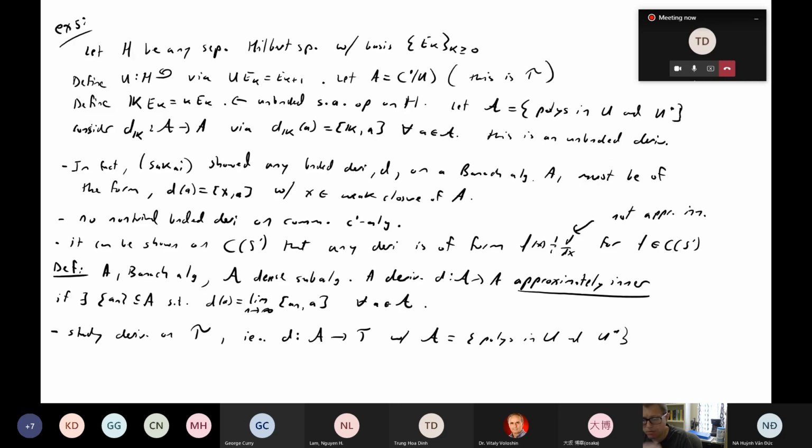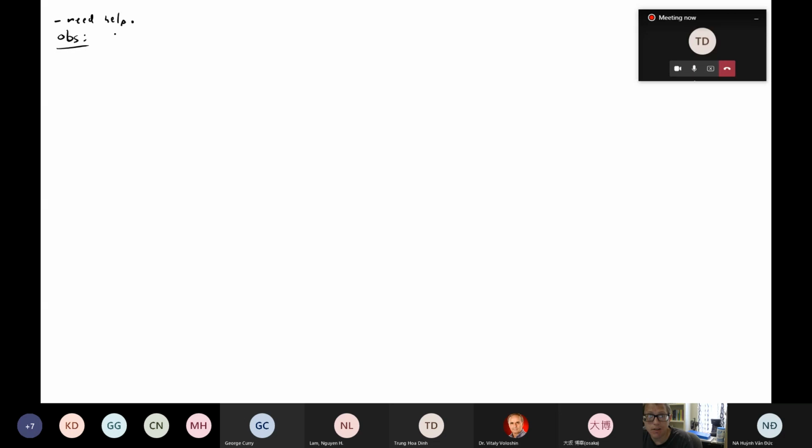So it stands to reason that the class of this script A is precisely the trig polynomials on C of S1, for the very reason of this alpha map.